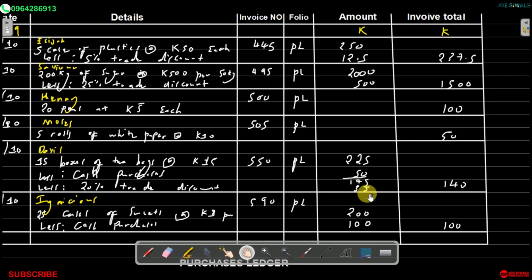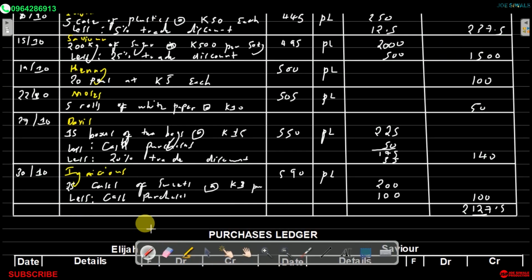The answer that we're going to have is 2127.5. That's going to be our answer, and we can say that's going to be total credit purchases. Our date is going to be shown on the 31st of October, and we're going to put our general ledger there. So that's how you can draw up the purchases daybook for Agnes.